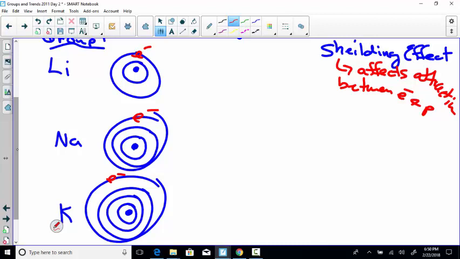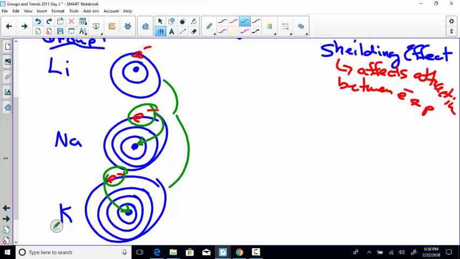So this electron out here is being attracted to the nucleus right there. But so is this electron, and so is this electron. Except as I go down the group here, what do you think is happening to that attraction?